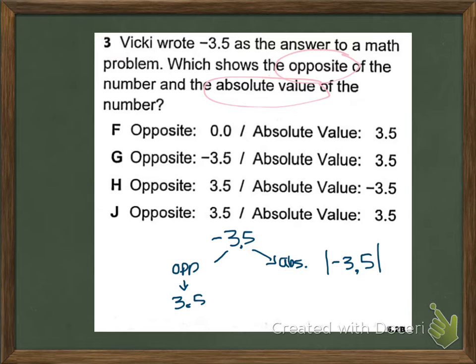And it's the distance a number is away from 0. So can absolute value be positive? Yes. Can absolute value be negative? No. Negative 3.5 is exactly 3.5 spaces from 0. So which one of these values have both 3.5 positive? And that would be J.